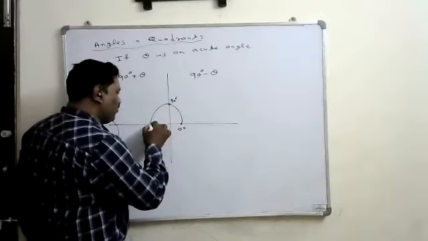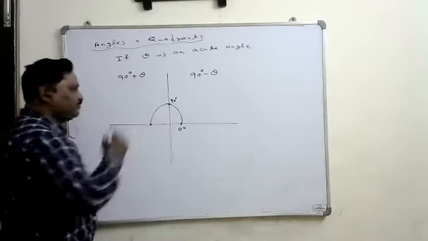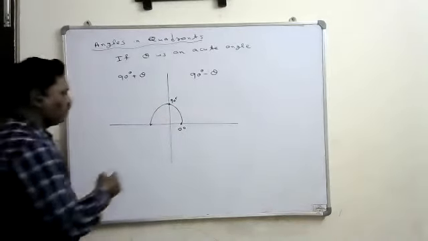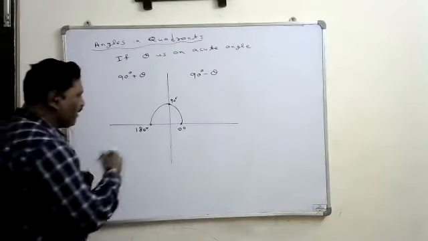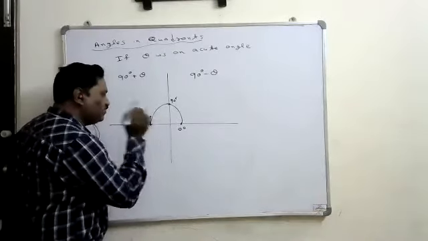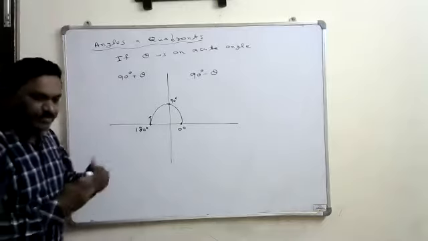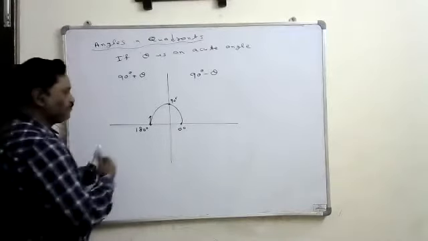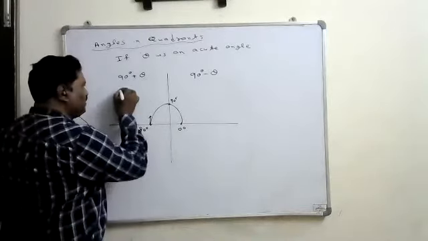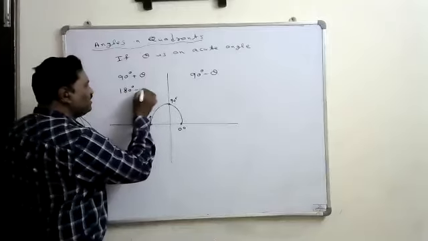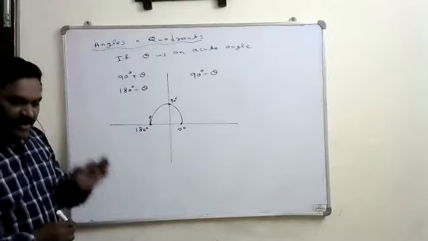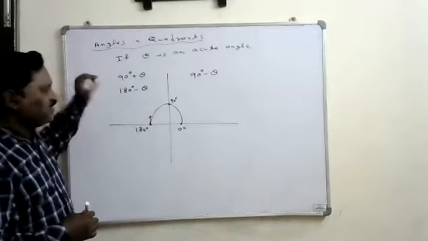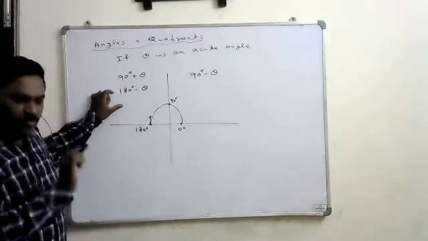If I subtract something from 180, where does it go? The second quadrant. Any angle in the form of 180 degrees minus theta lies in the second quadrant.